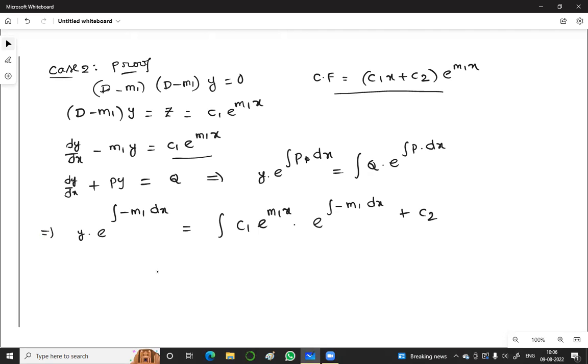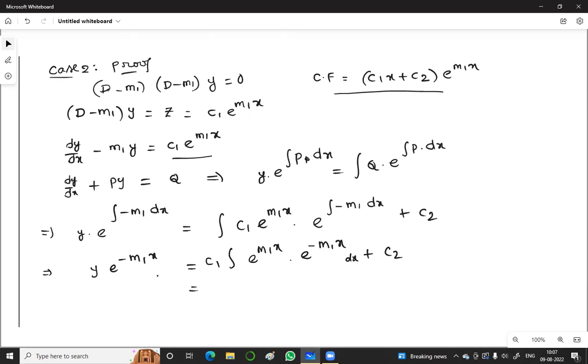Now y into e to the power minus m1x is equal to integration of C1, a constant that I take outside, e to the power m1x into e to the power minus m1x, plus C2 dx.